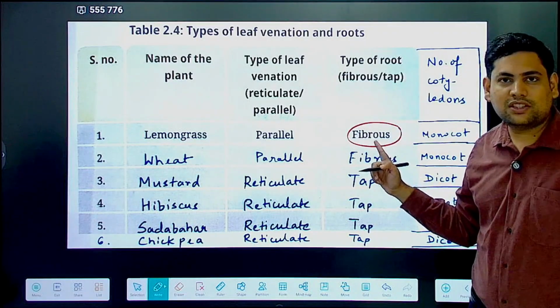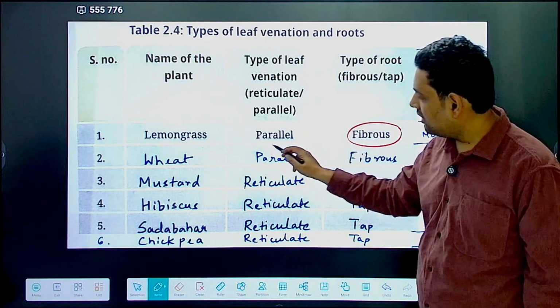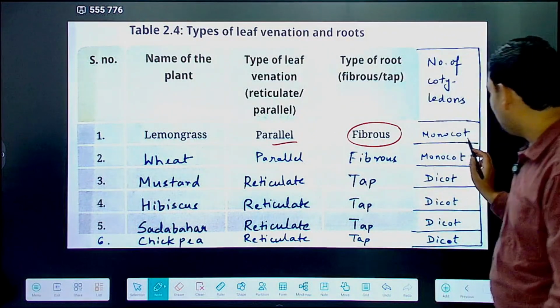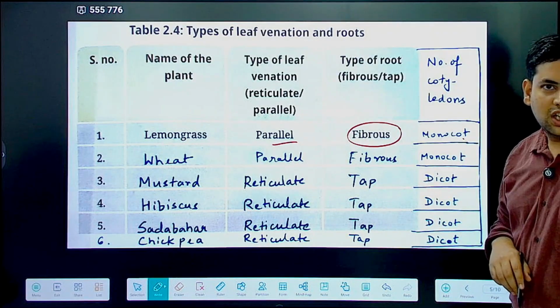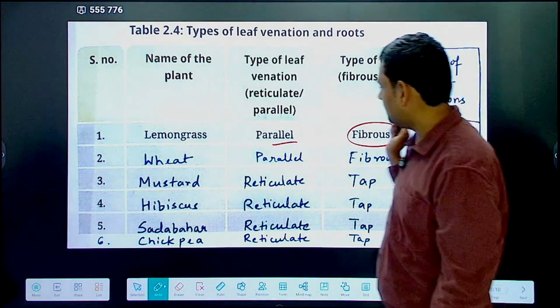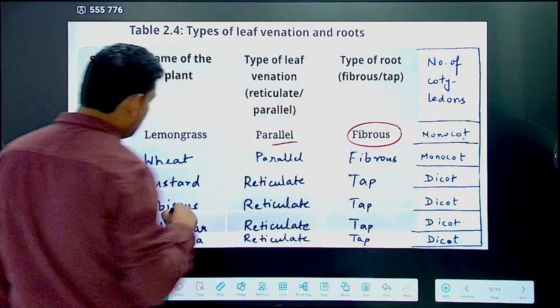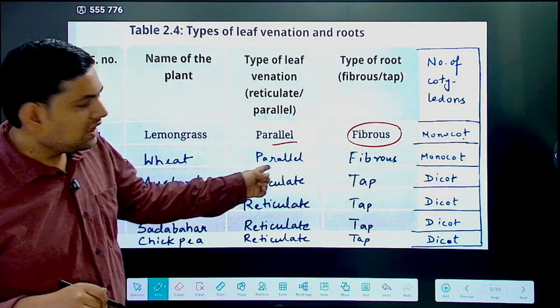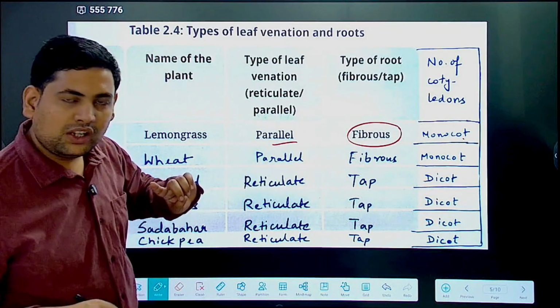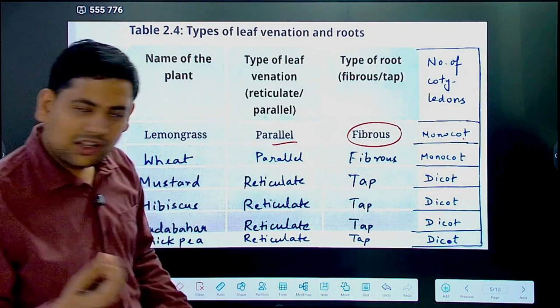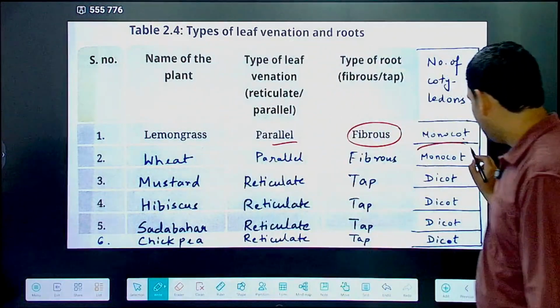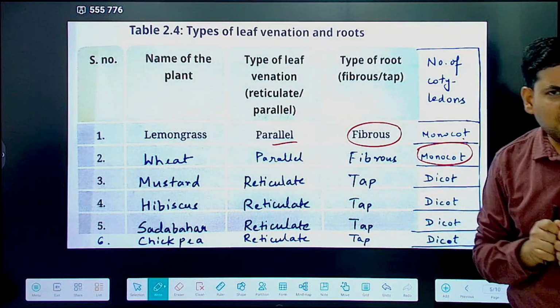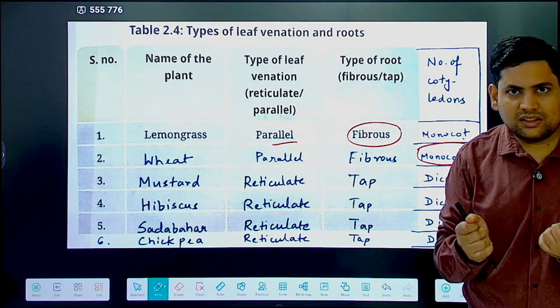Once you know fibrous, you know fibrous is always parallel in venation and it will be a monocot. Understood? Then if you go for wheat, what do you know about wheat? You have seen wheat, correct? You do know that it is a monocot. It is not getting divided into two equal pieces like this, correct?